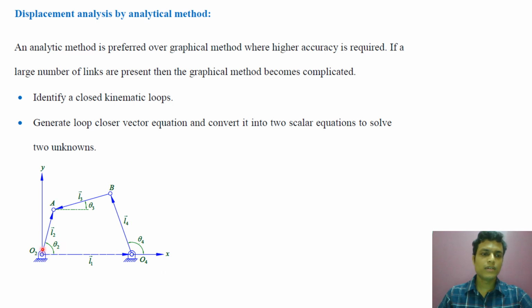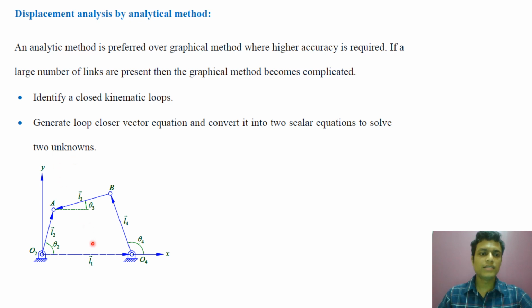Now we have chosen a coordinate system, that is xy. X and y are two perpendicular axes where the x-axis is along link 1, that is O2O4. So the x-axis is chosen such that it is along link 1.